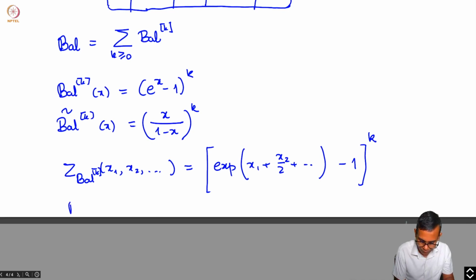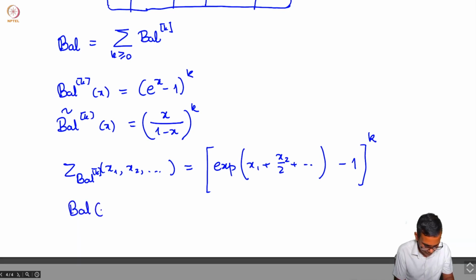And for Bal, you get that the exponential generating series, you can get it from here.